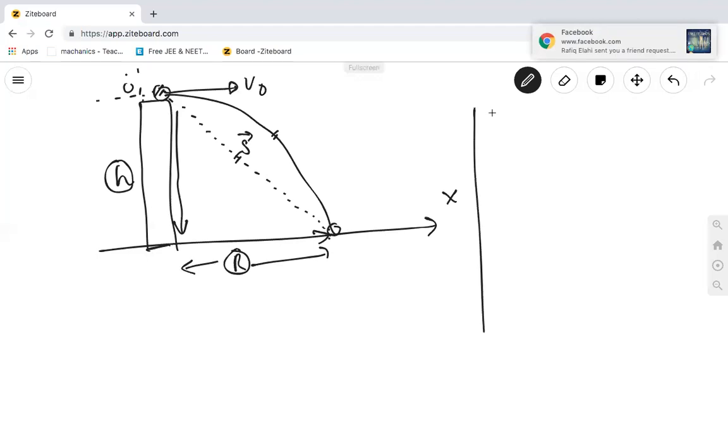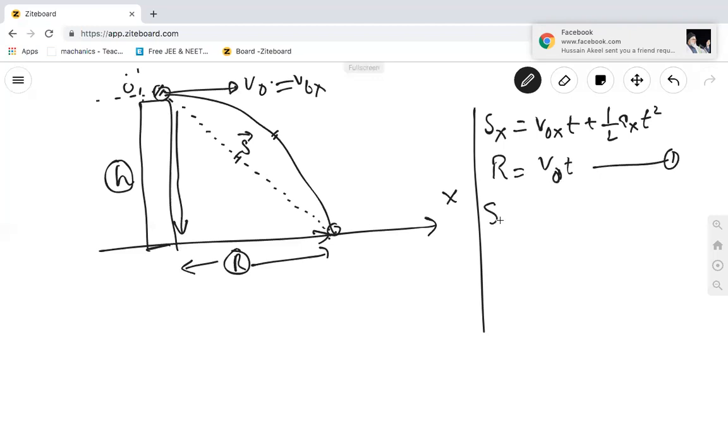Sx is equal to v0x t plus 1 by 2 ax t square. Sx, that is r, from here to here, that is r, that is v0x, that is v0 t. Equation number 1. What is sy?